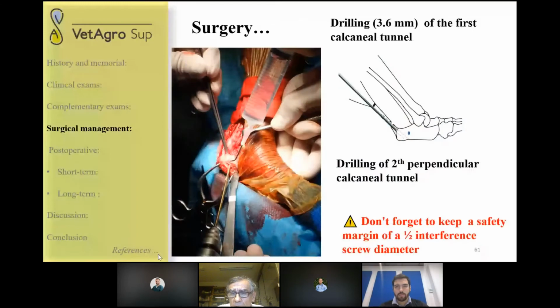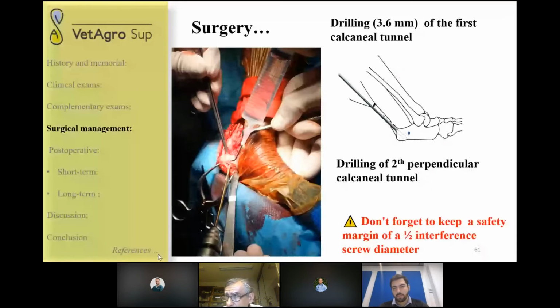So we drill 2 tunnels, one coming from the gastrocnemius tendon to the distal part and mid part of the caudal part of the calcaneus, and the second hole perpendicular to the lateral face of the calcaneum. Be careful, don't do the 2 tunnels too close.